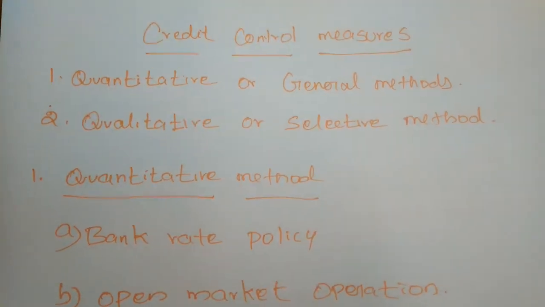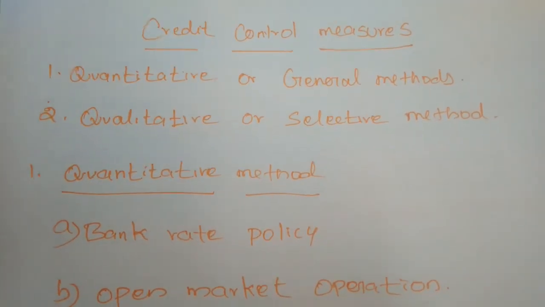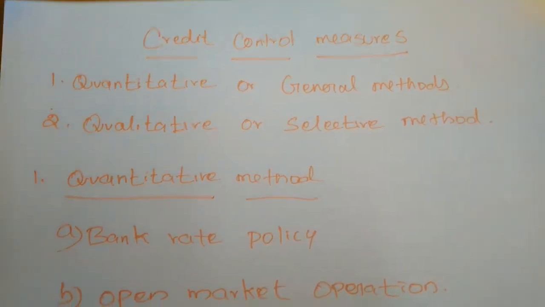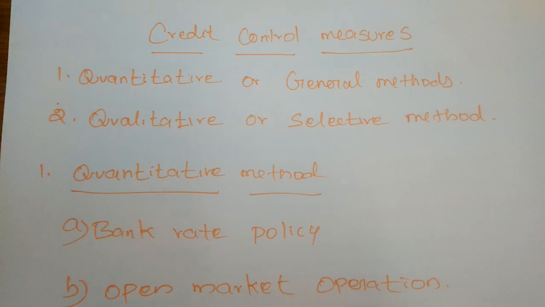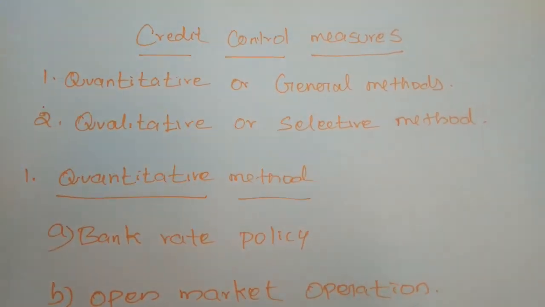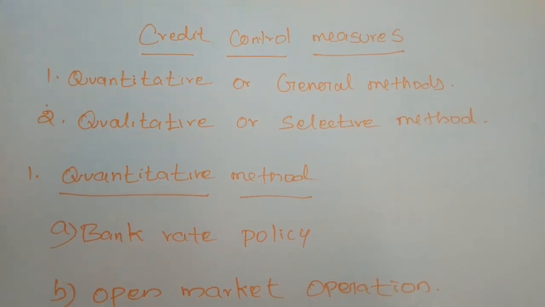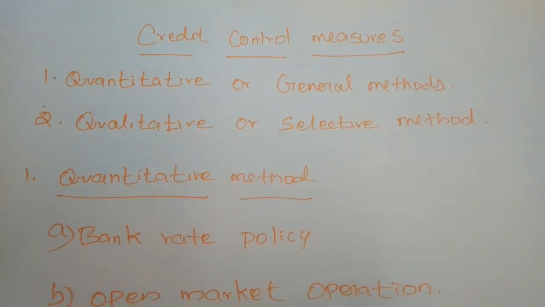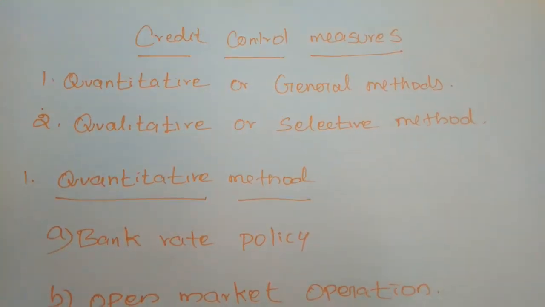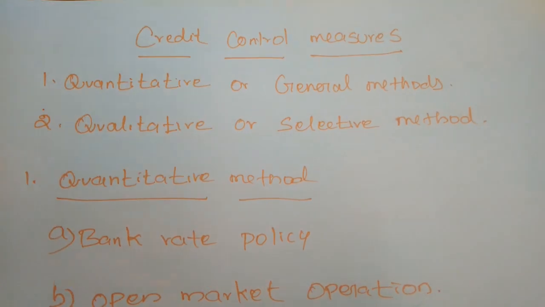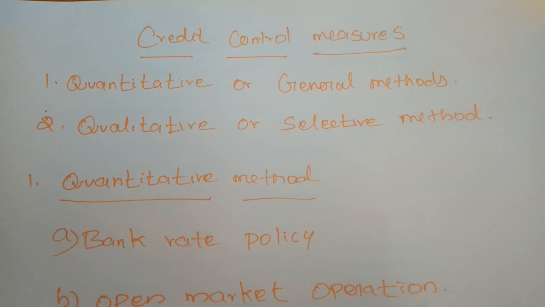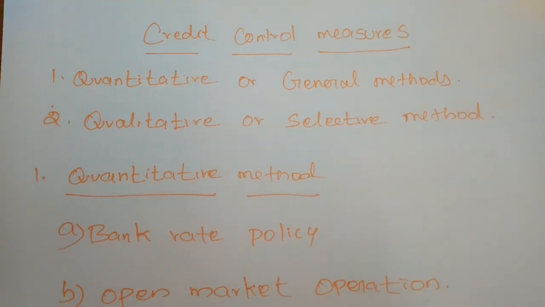We have studied that the Reserve Bank of India only has the power to control the credits, because on the basis of the credit amount only, the inflation and deflation situations occur or the economy faces different phases of the trade cycle. Already we have studied that if the Reserve Bank of India and the commercial banks provide more credit facilities, all the entrepreneurs will be ready and interested to borrow money.